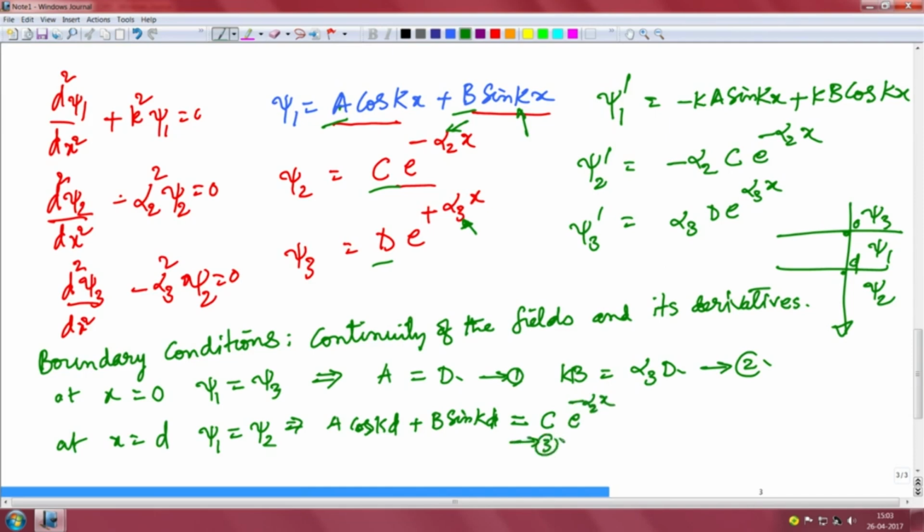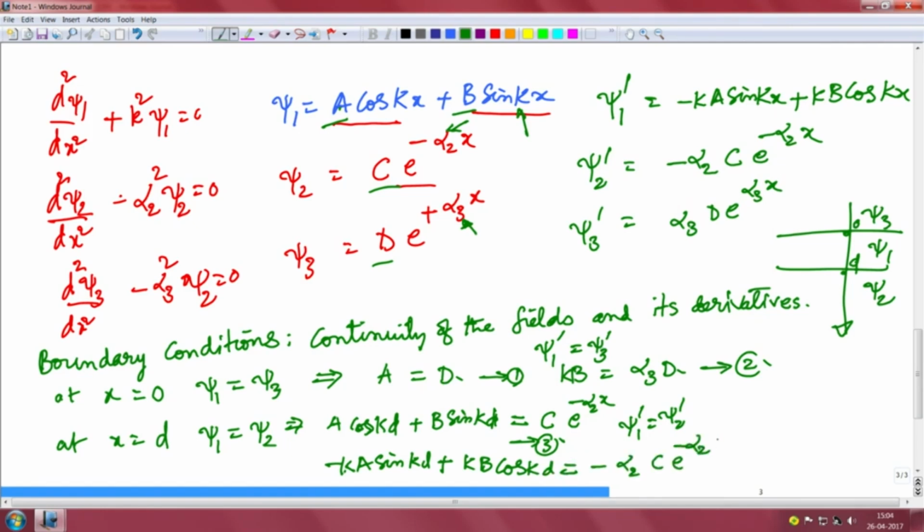This is one equation, obtained by taking psi 1 equals psi 2. Similarly, by taking the derivative, psi 1 dash equals psi 2 dash, we get minus k a sin kd plus k b cos kd equals minus alpha 2 c e power minus alpha 2 d.